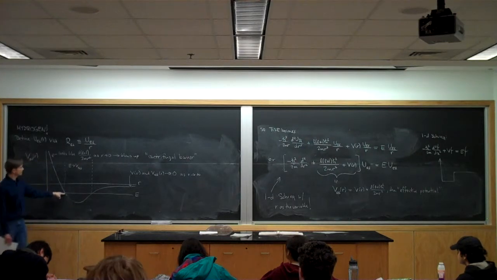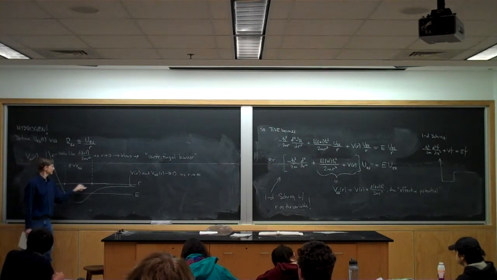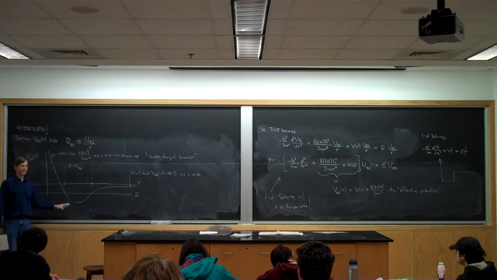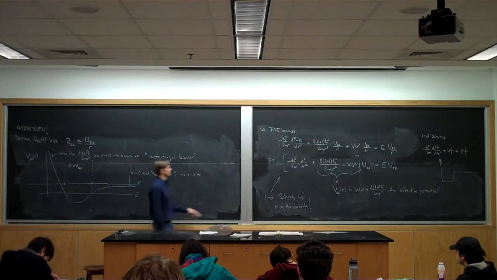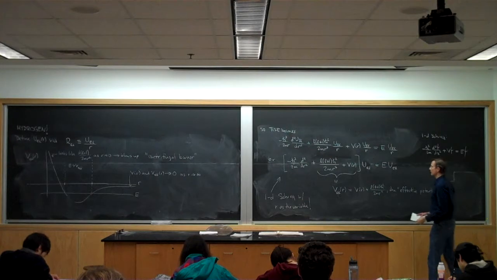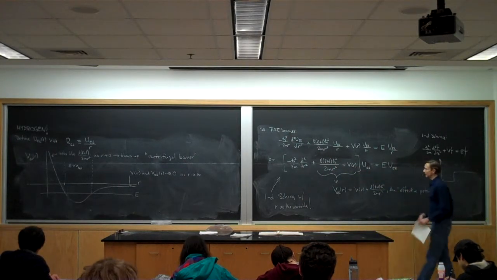And in between these two points along the axis, the energy is greater than the effective potential. So go back to the Schrodinger equation: minus h bar squared over 2m d squared u dr squared plus V effective u equals E u.